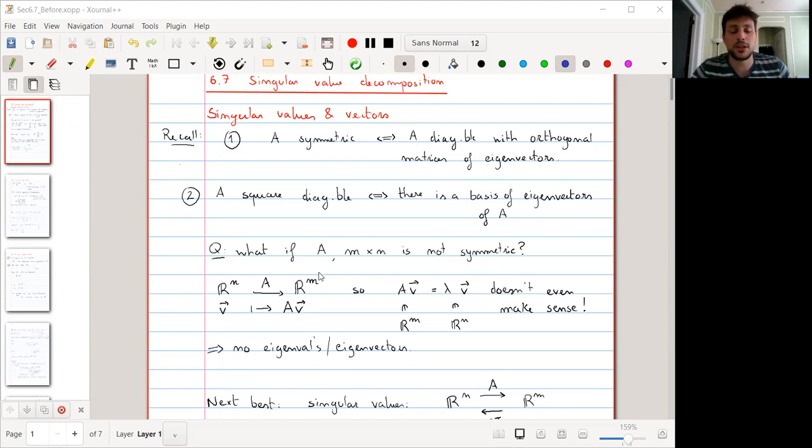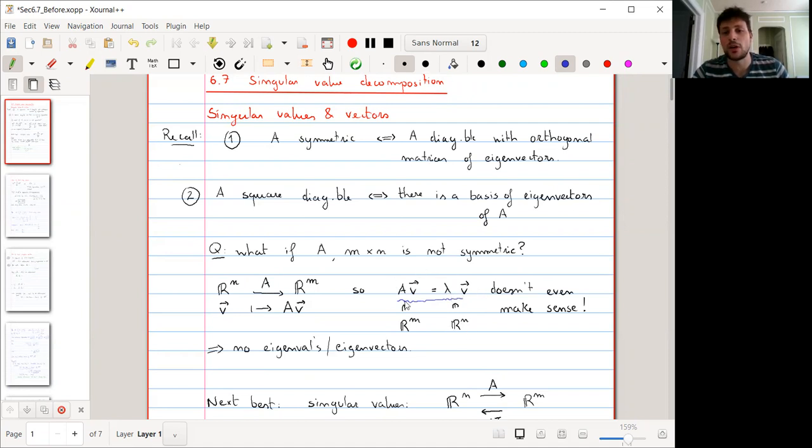Here's the prototypical example. We have a matrix A, which is m by n. And this size of the matrix means that I can multiply vectors v inside Rn by the matrix and get vectors in Rm. So when I try to even write down the equation for an eigenvalue and an eigenvector, this doesn't even make sense because A times v is in Rm and lambda times v is in Rn.